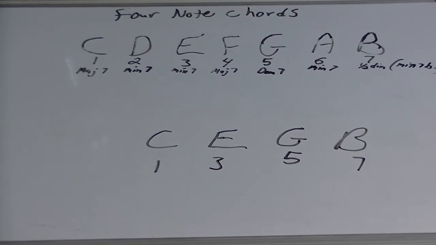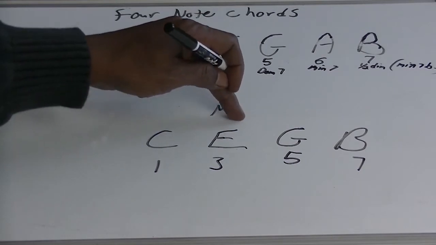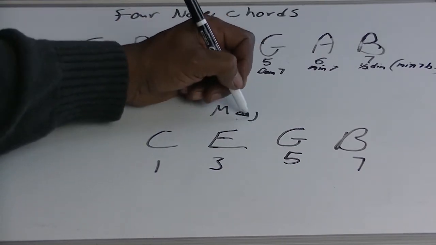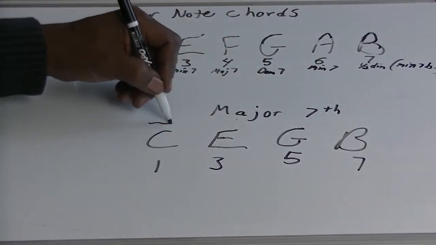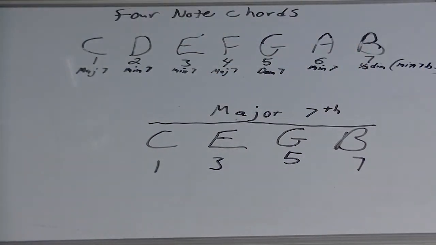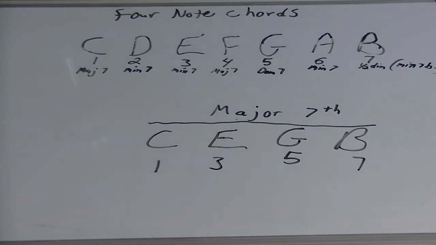And it's important to understand that every one of our notes comes directly from the scale. And I actually like to think that the major 7th chord is called that because the notes come directly from the major scale. And as we can see here, if we take a look at our chords that we have, we can see that the C chord is a C major 7th chord, and the F chord is an F major 7th chord.